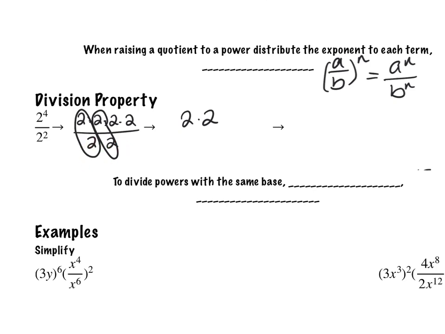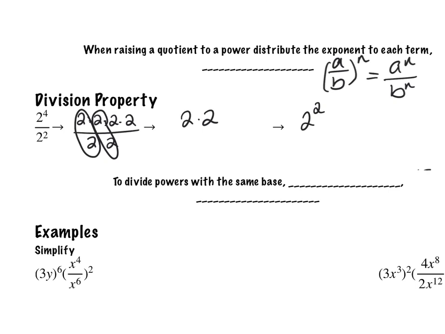I've got nothing left on the bottom but a 1. You can put the 1 on the bottom, you don't have to. And if I want to write that with an exponent, 2 times 2 is 2 to what power? Two to the second power.